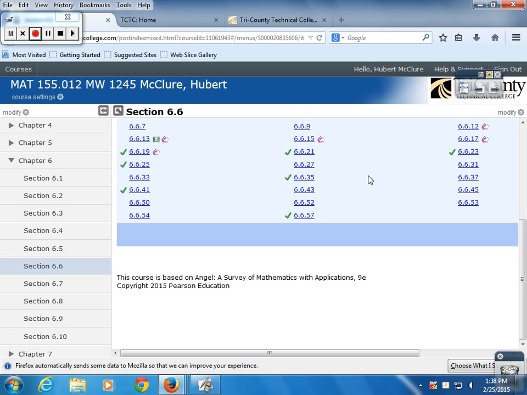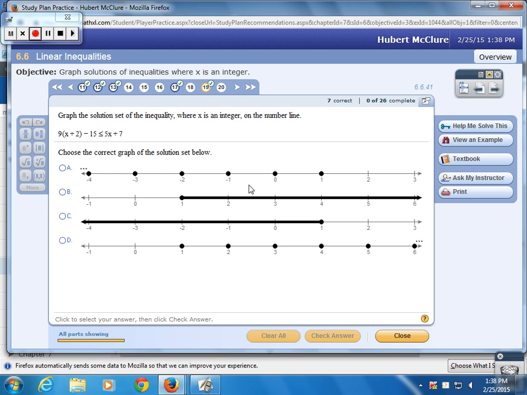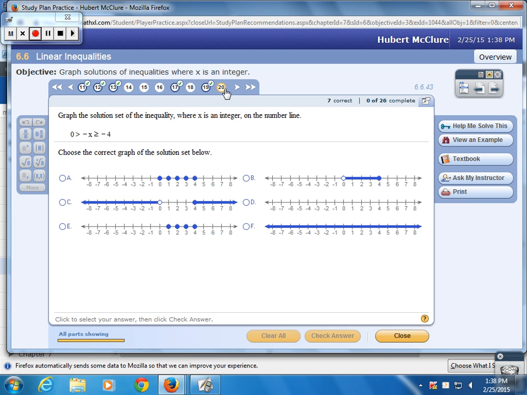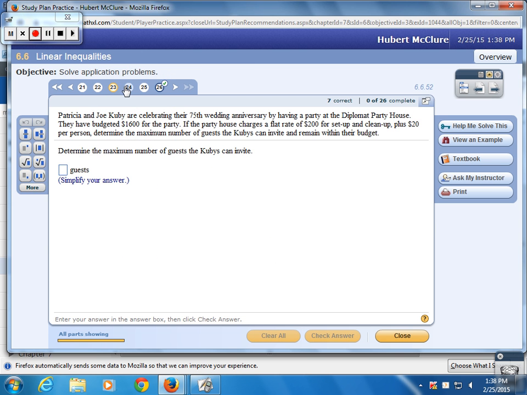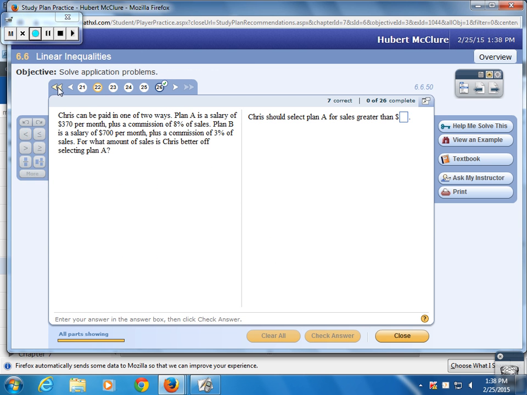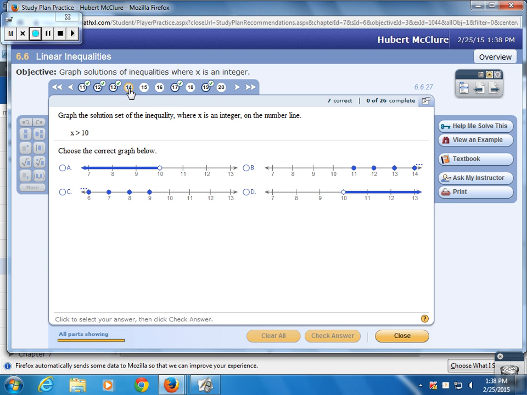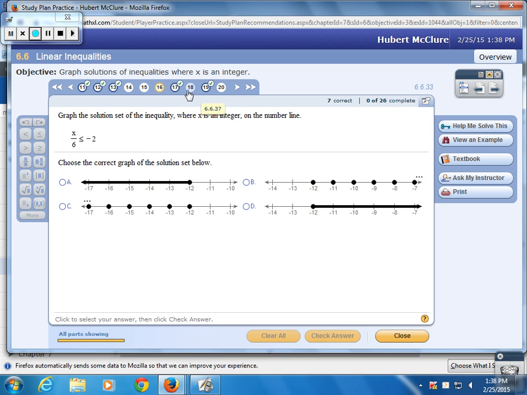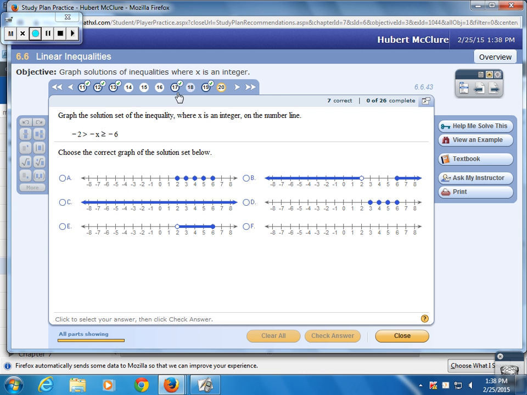Evidently they watered it down. Yeah, they watered it down. All right, we'll just do some.